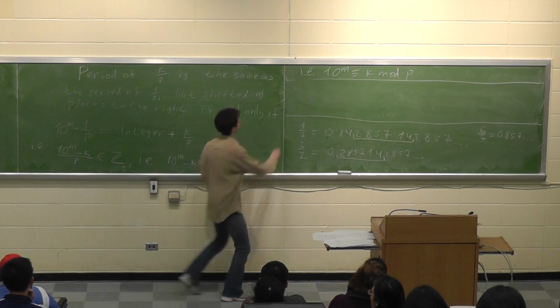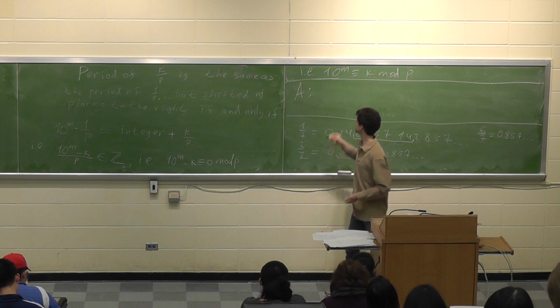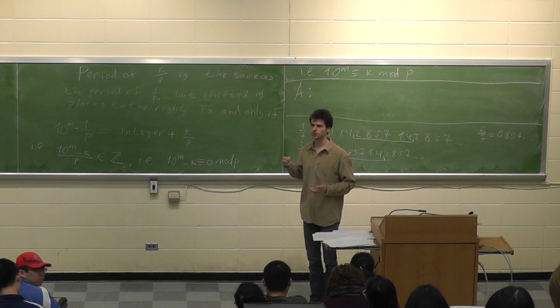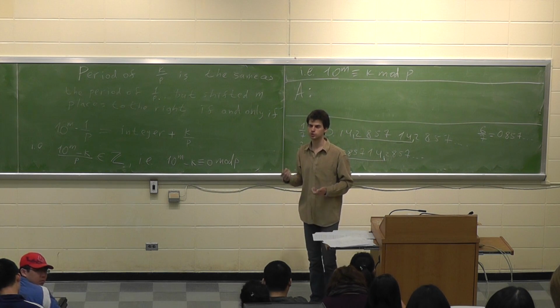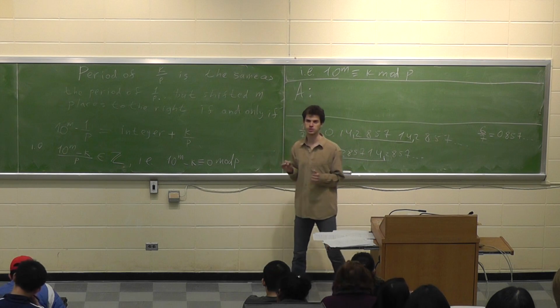So now we have an answer to our question. The question was once again: for what primes p is it true that k over p has the same period as 1 over p but shifted several places to the right?